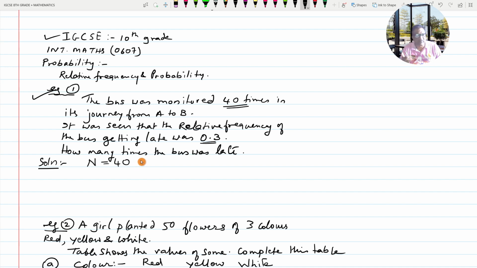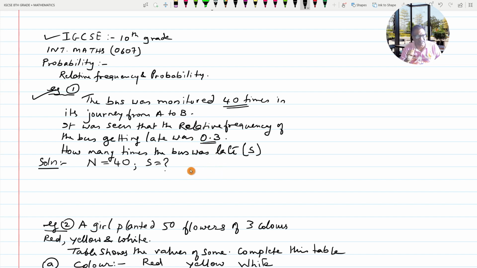Whoever did this survey must have observed how many times the bus got late in these 40 observations. How many times the bus got late, this is our S. This is what we want to find out. That is the question: how many times the bus was late in these 40 journeys.